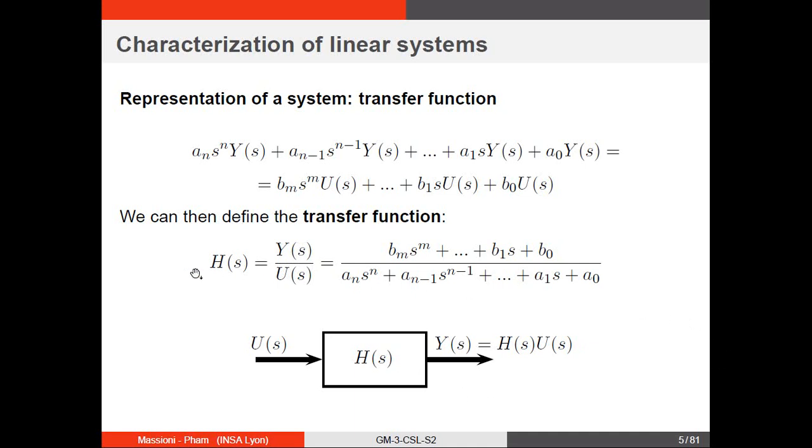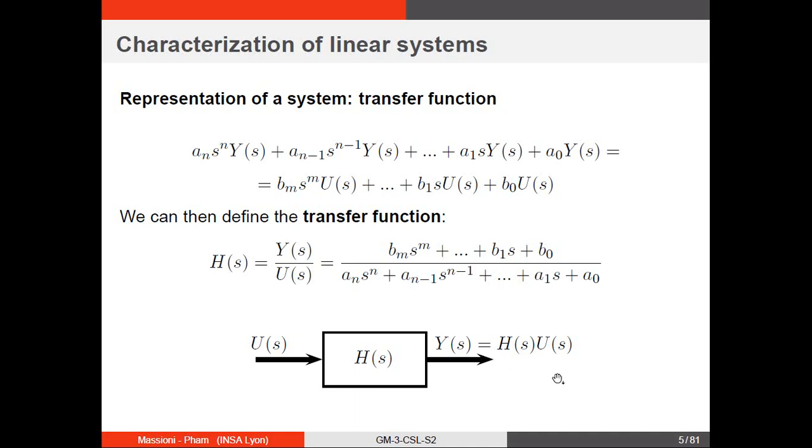So once you have computed the transfer function, what is a transfer function? It is a mathematical object, which is basically a rational function between two polynomials in S. You have an input to your system. Your output is just the transfer function times the Laplace transform of the signal.